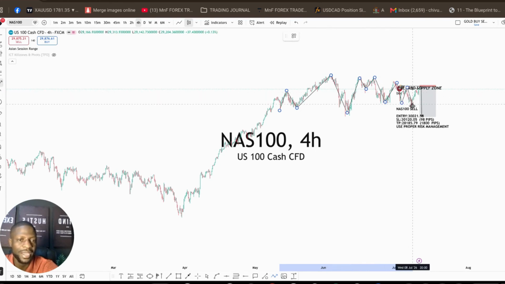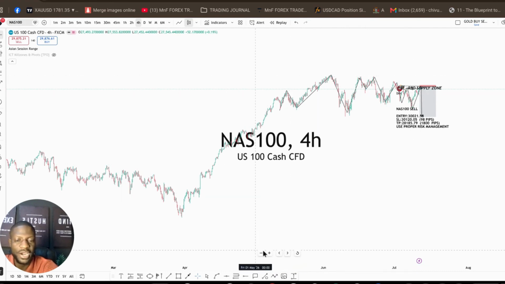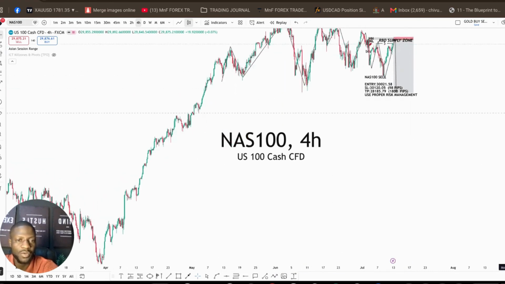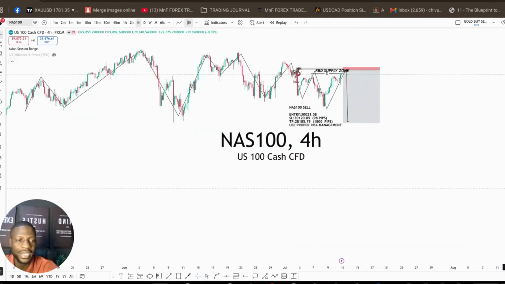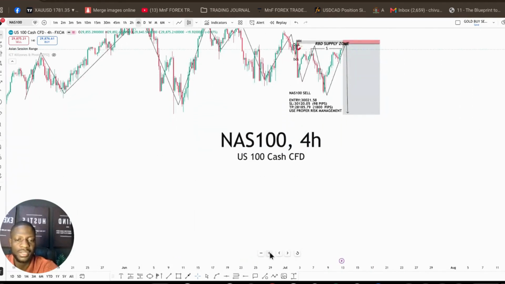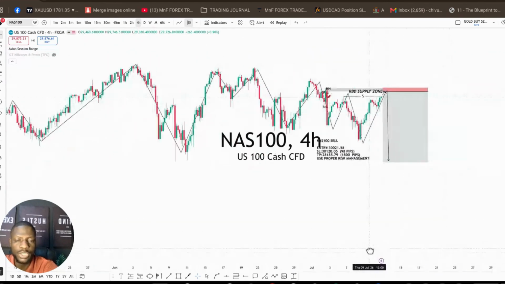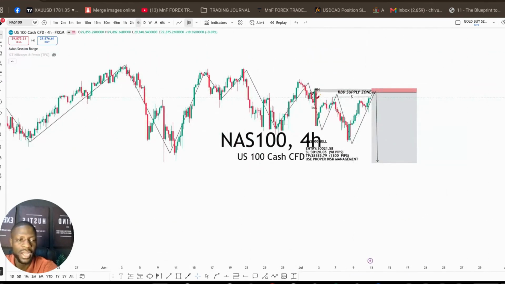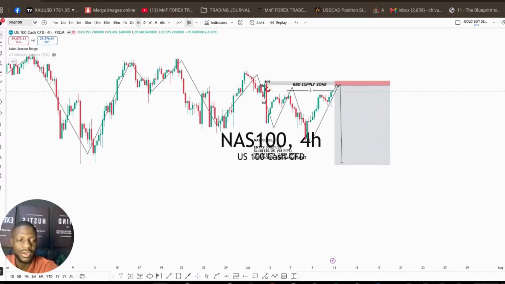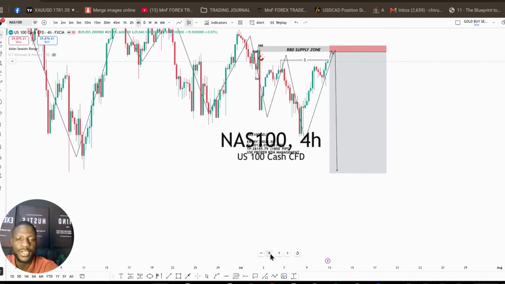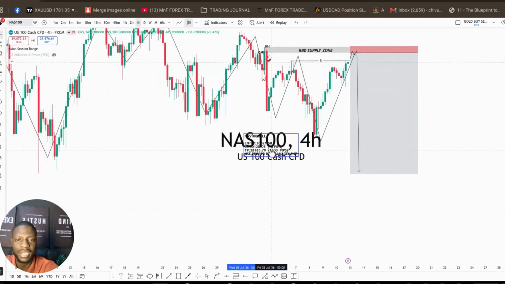You can see that the market has been shifting to the downside, and right now we are at a very critical area. So the question is, will the market actually respect this zone and go to the downside, or will it continue with an uptrend? What I've drawn right now is kind of a sell trend, right? It's kind of a bearish market than a bullish market.